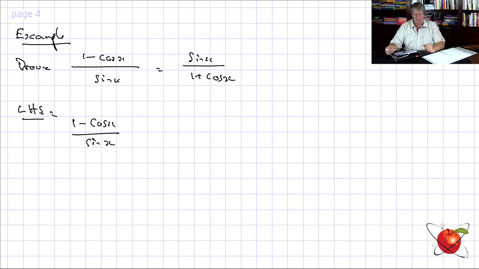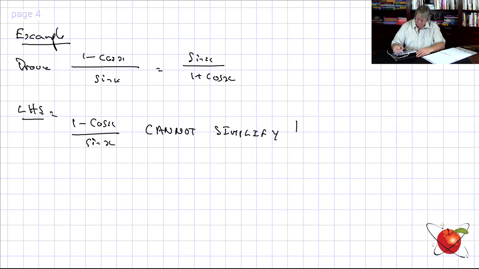No, there's no factors. There's nothing. So this alone cannot simplify. So I can't actually factorize. So I can put on here: cannot factorize.